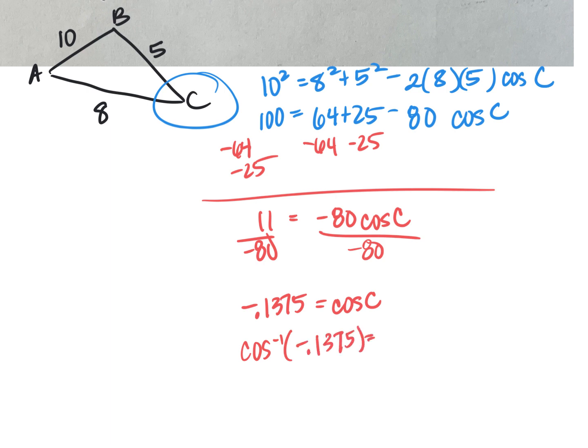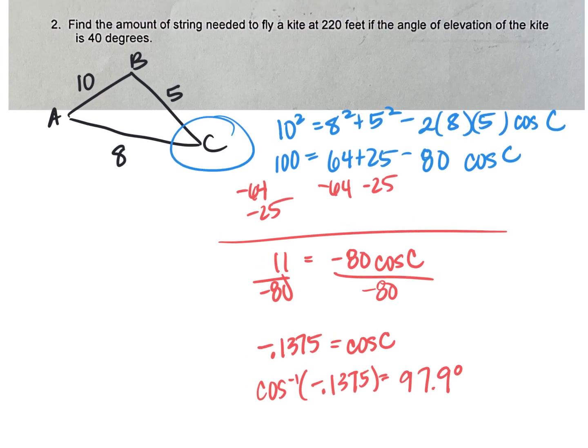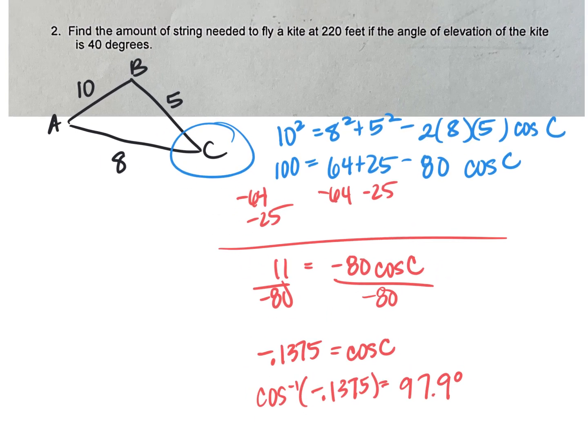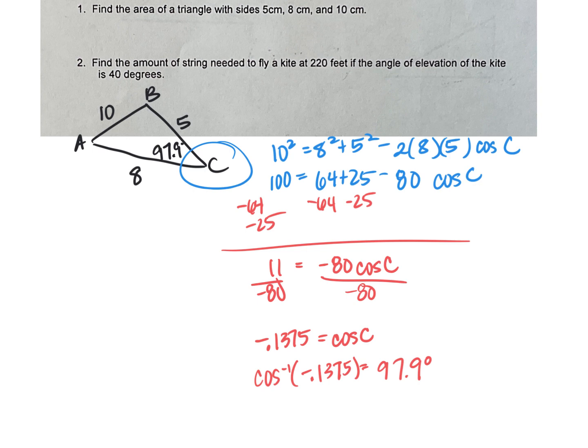You figured it out? Wow, 97.9 degrees? That's it. That's a radio station. 97.9 degrees, anybody? Okay. Now do I have the fixins to be able to find the area of my triangle?